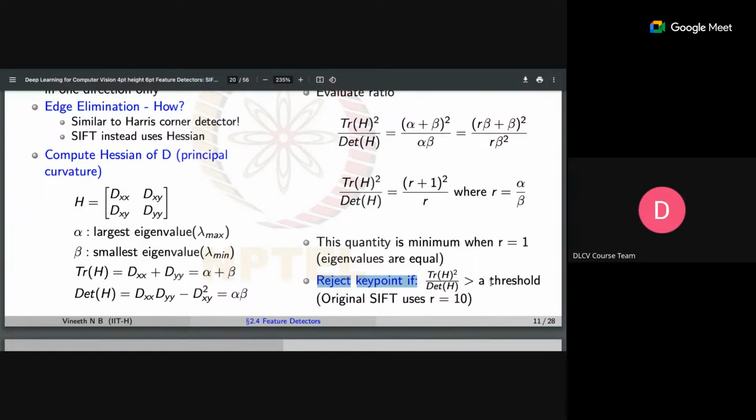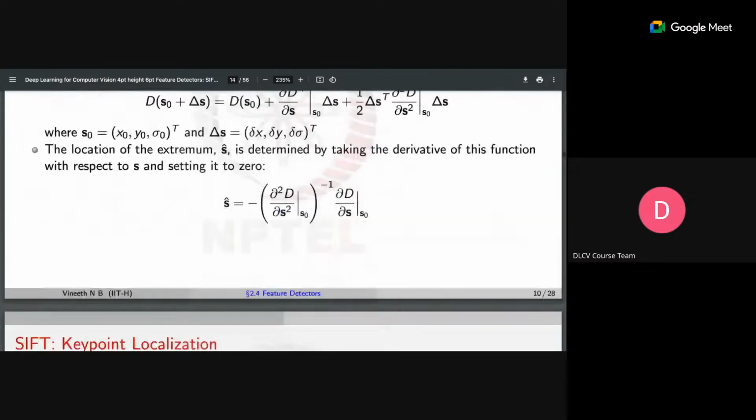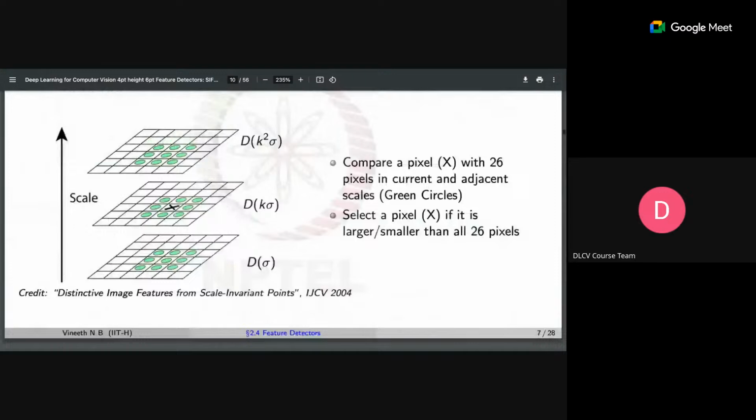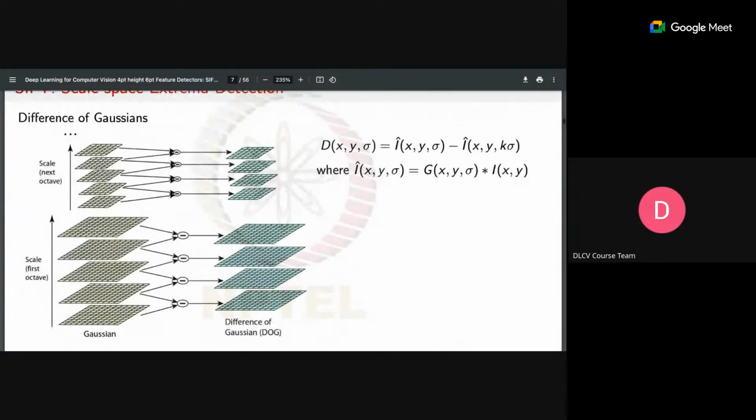Because we are applying a threshold here, right? If you don't reject, then you are accepting everything, then this step doesn't matter. So now you think of it as something like this. In the previous step, we don't calculate it for just one sigma, one k value.